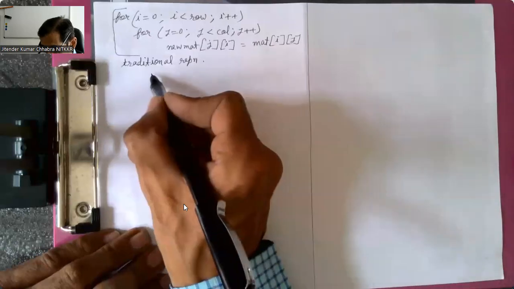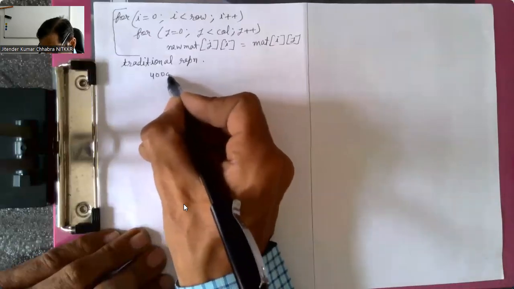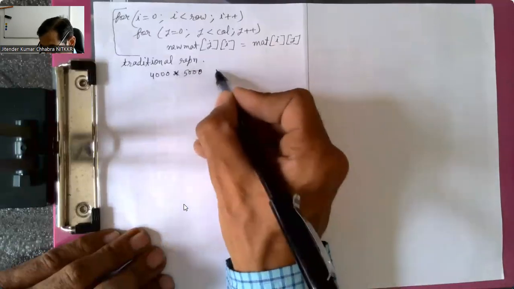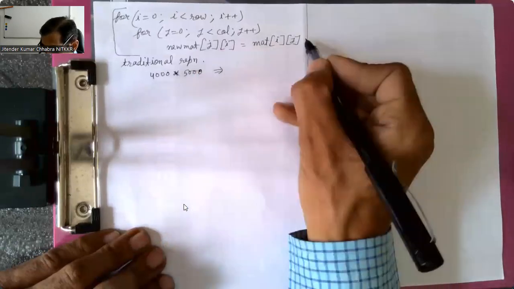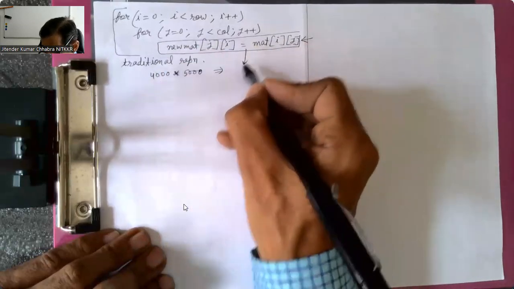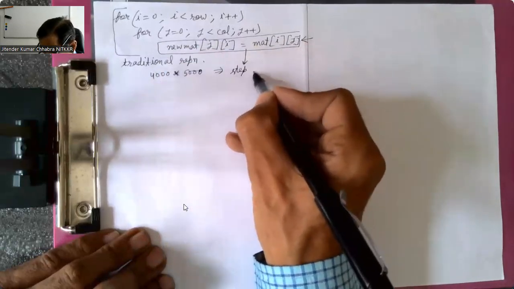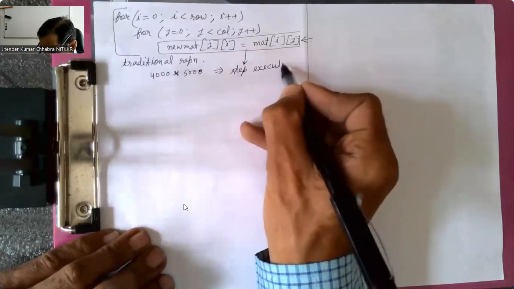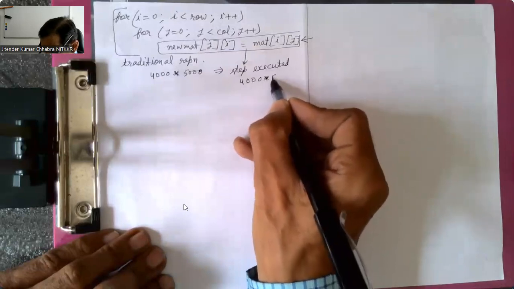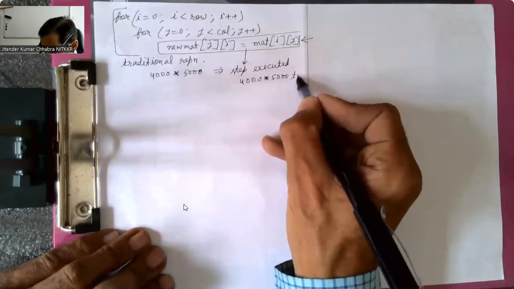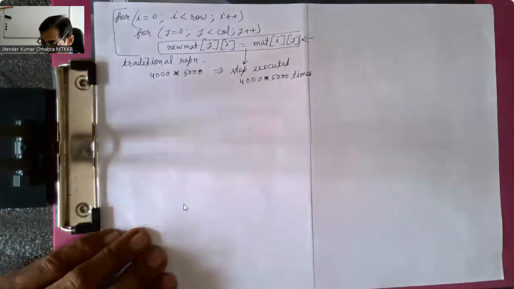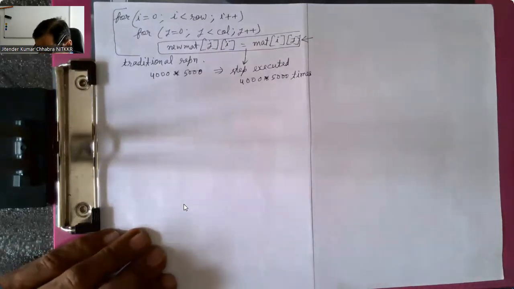But if I say, let's say, this matrix was of 4000 into 5000 size, then how many times will this operation be done? This step will be executed primarily 4000 into 5000 times. That becomes a very, very big operation.